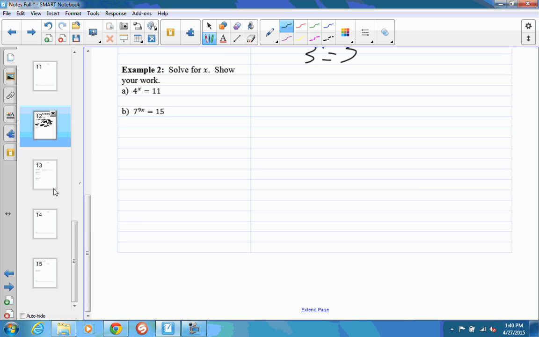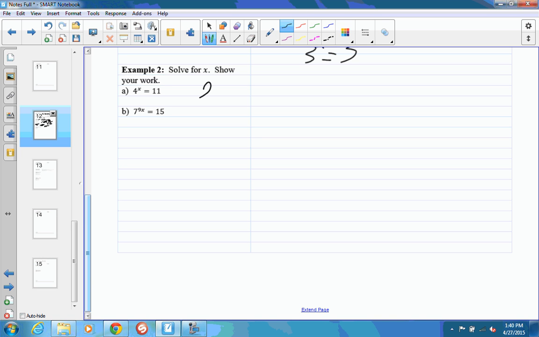Good. Solve for x. Show your work. So 4 to the x equals 11. So this is giving me a number 4. My base is 4, and it's saying raised to an exponent. We don't know what, but we know it equals 11. Think back to your definition of a log.